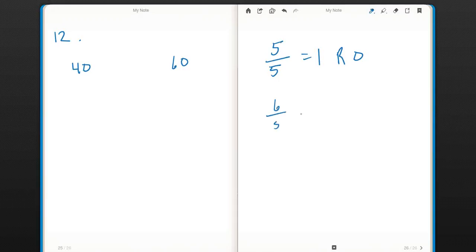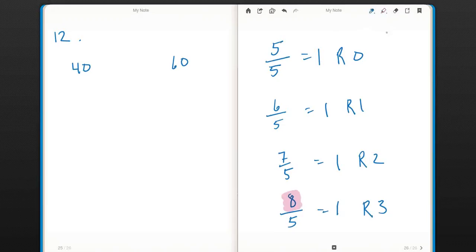What do I have to do to get a remainder of 3? Well, if I keep on going, eventually I'm going to get a remainder of 3. If I'm dividing by 5, what I have to do is increase my number by 3 above a multiple of 5 to get a remainder of 3.